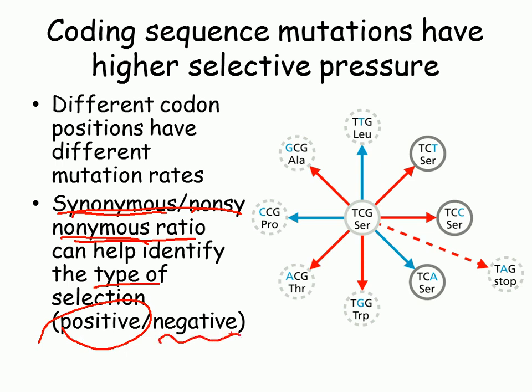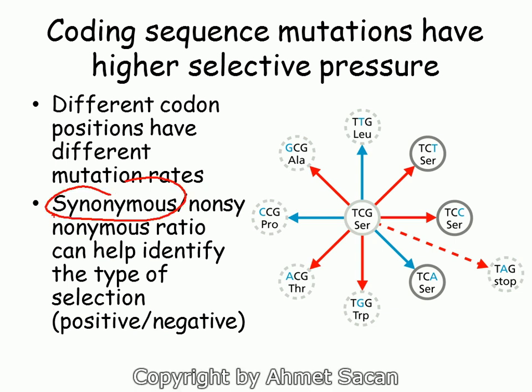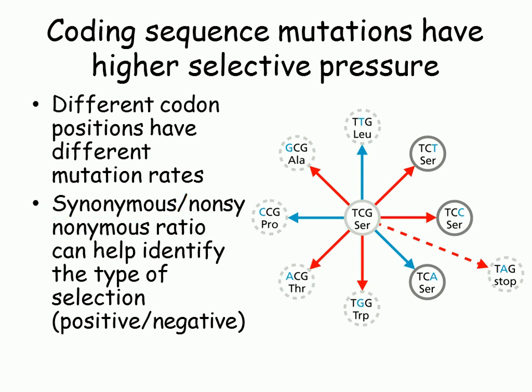Whereas a negative selection means that the protein wants to stay as is. It doesn't want to change, so it's already optimal. Okay. If it's already optimal, you will have fewer non-synonymous mutations compared to a positive selection. Okay. And the synonymous mutation gives you sort of a baseline because it's more or less appearing at random.